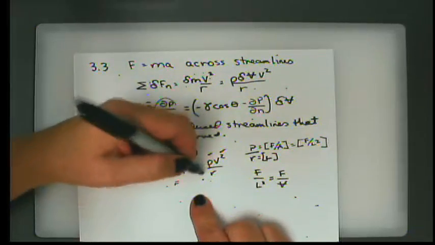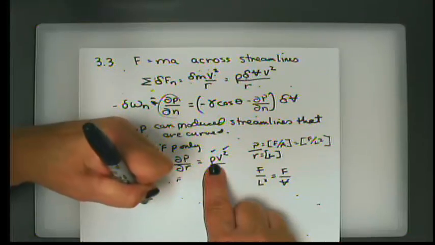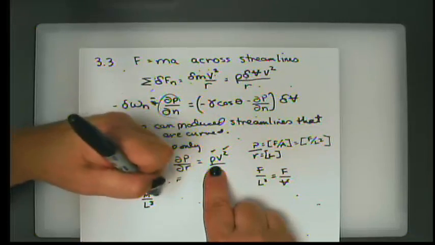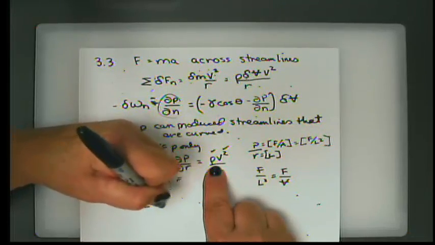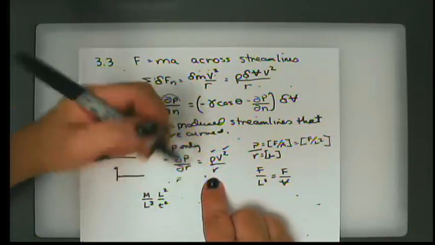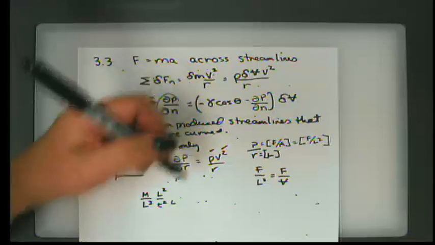And the same over here. Density is in mass per volume, which is length to the third. Velocity is in length per time, and since it's squared, we're going to have time squared. And then the radius is going to be in units of length.